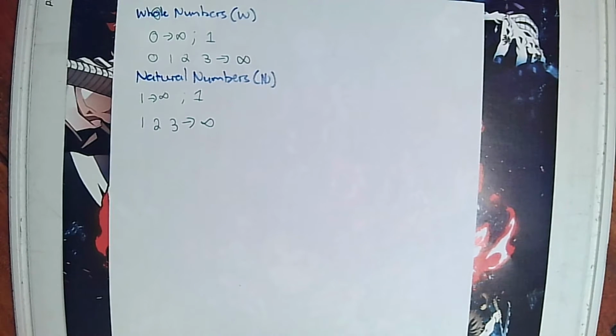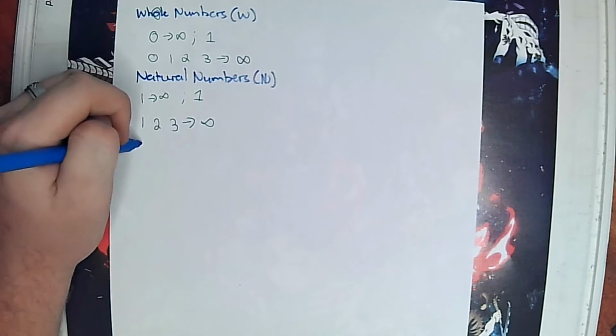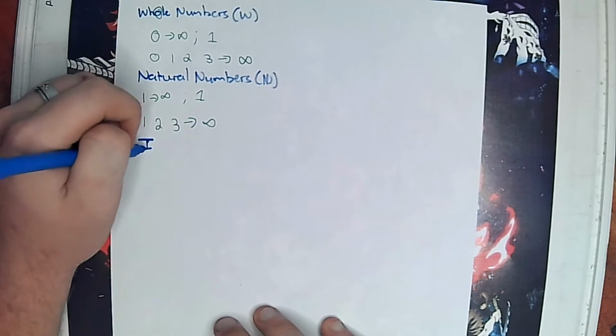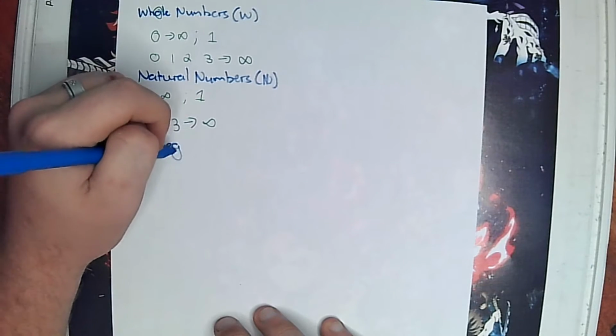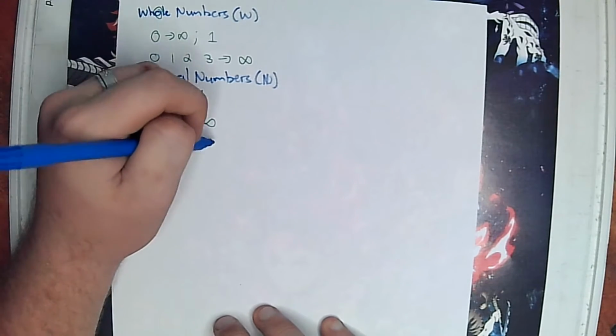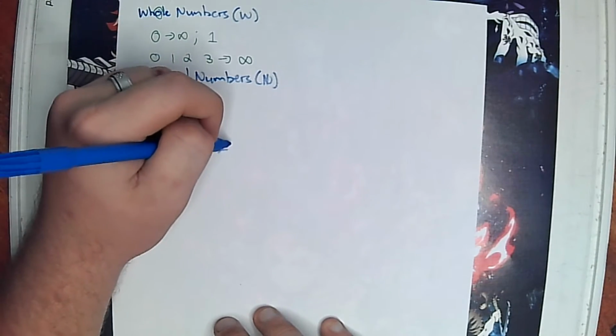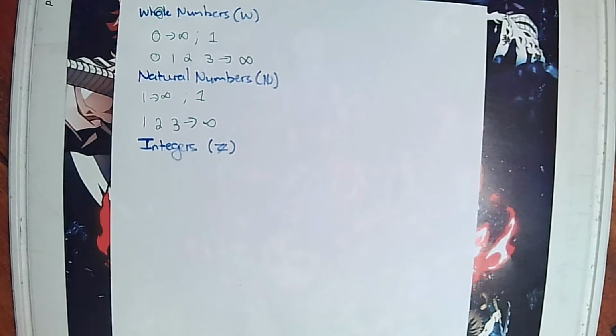The next set of numbers, which you should be quite familiar with, is integers. So what are integers? They're represented by the symbol Z. Now integers are very similar to whole numbers and natural numbers alike.